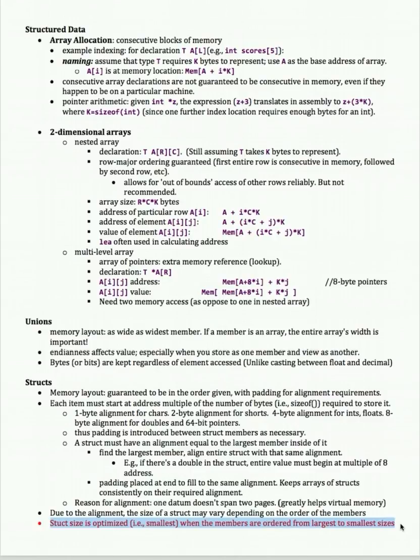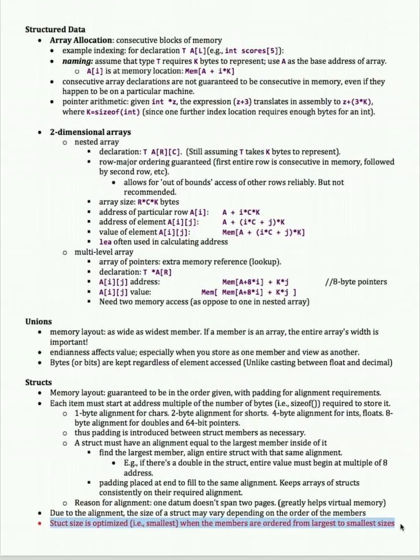The first element, for example, if the first element was an 8 byte pointer, then it must start at the address of multiples of 8, right? And then it will also end at multiples of 8.